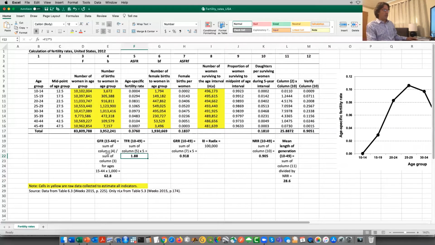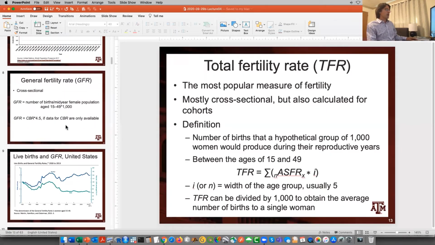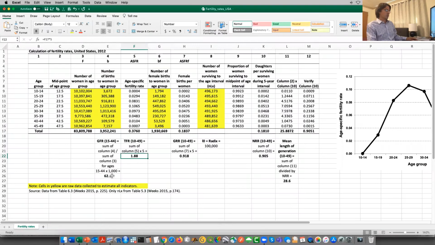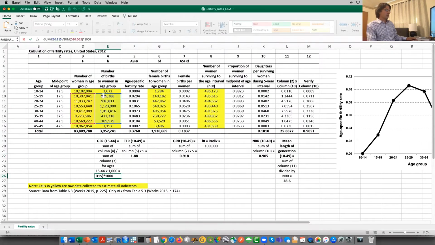The general fertility rate, if you remember, is a simpler measure. It's pretty much the number of births divided by the female population between 15 and 49 years of age, multiplied by 1,000. So how this is done, you just get the overall number of births here of women between 15 and 44, sum everybody here in the numerator, and then you divide by the sum of all women between those ages, and multiply by 1,000.